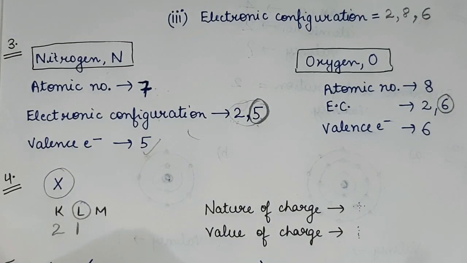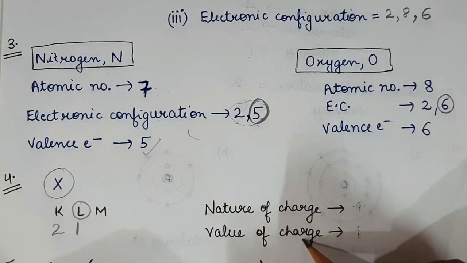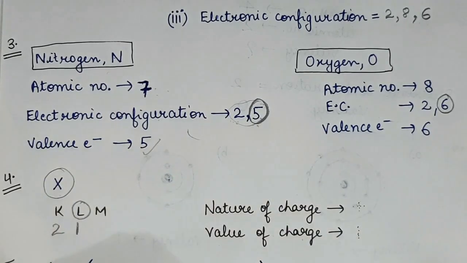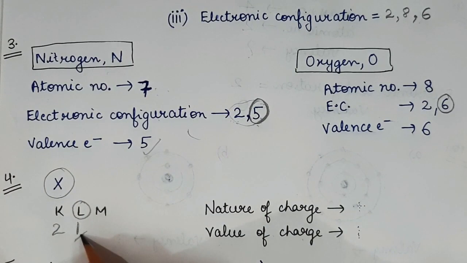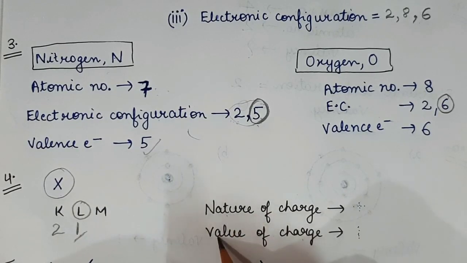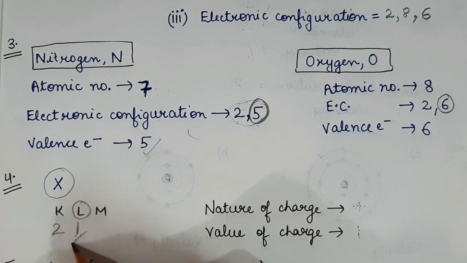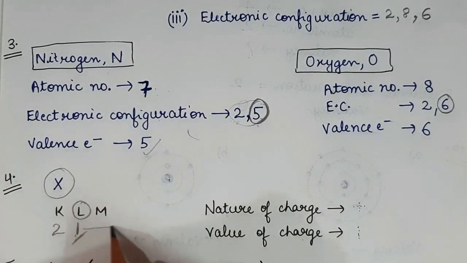So the question is, what would be the nature and the value of charge on the ion formed if the electron is removed from the outermost shell? Okay, when we remove this electron from the outermost shell, so what will be the charge? You have to tell the nature, whether it will be positive or negative, and you have to tell the value. What will be the value of that charge? So one electron is present in the outermost shell. Right. So this electron is removed now.